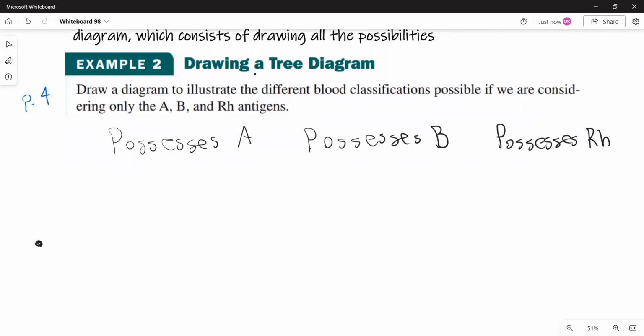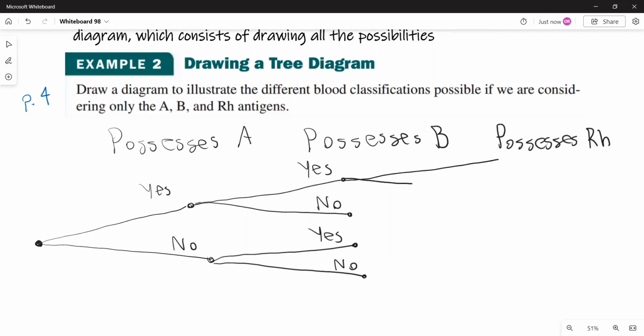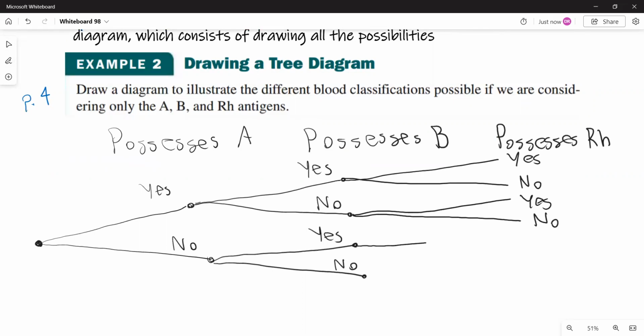The blood type may or may not possess A. So we have two choices, yes or no. Then for B and RH: it may or may not possess B. And it may or may not possess RH. And I have 4 more.